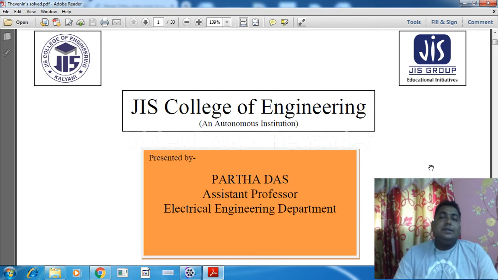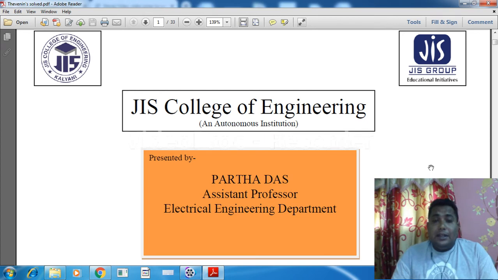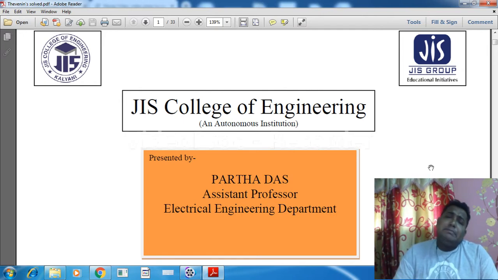The reason is that the basic funda of the maximum power transfer theorem is Thevenin's theorem. So the procedure to solve any maximum power transfer problem is basically Thevenin's theorem.